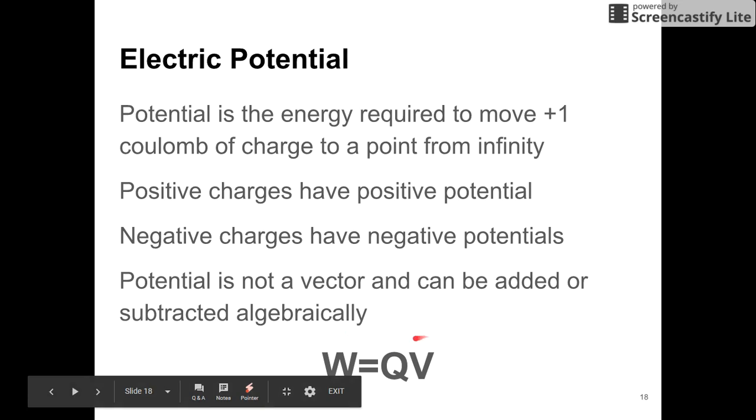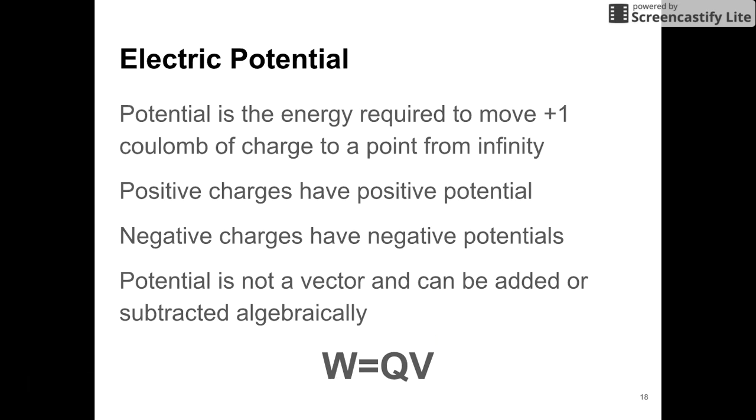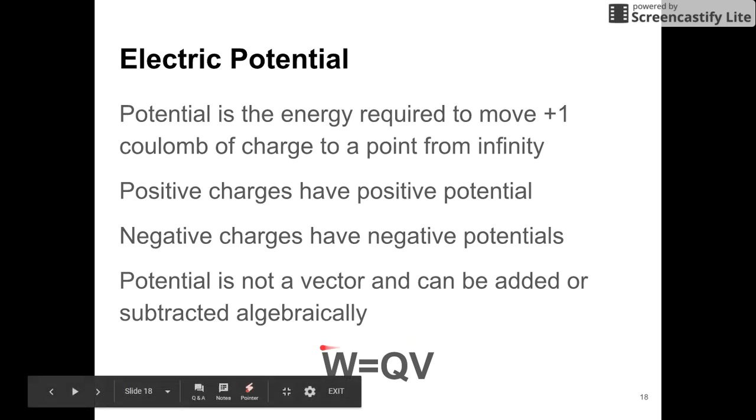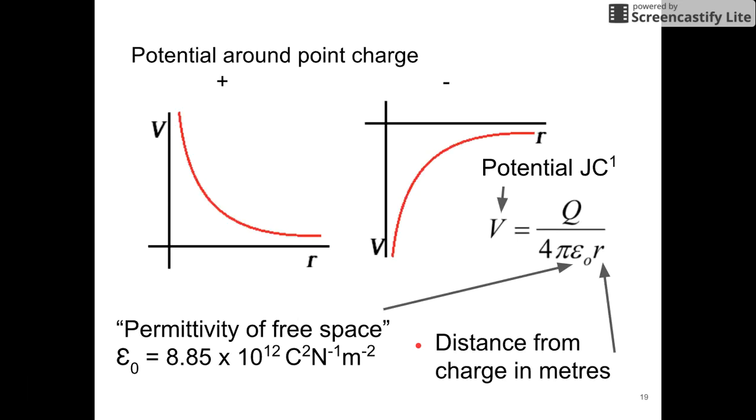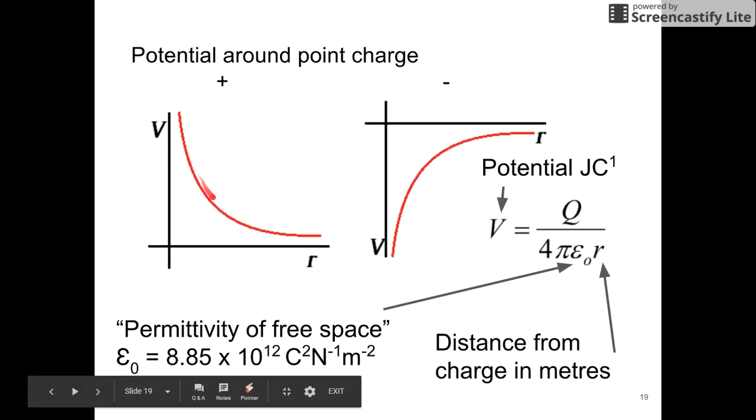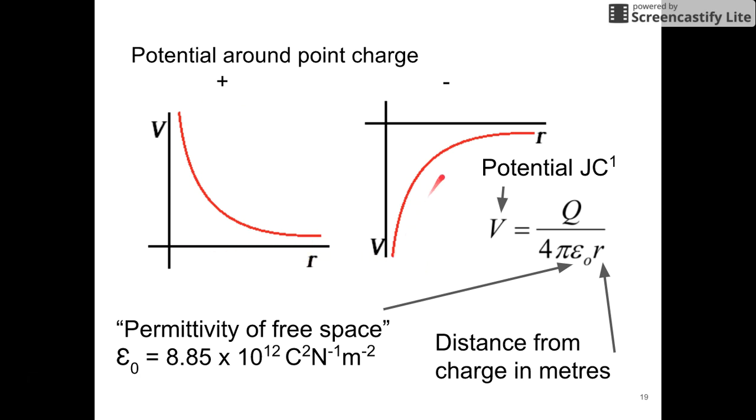This is where we've got the whole idea in National 5 that potential difference and voltage in a circuit is tied up with the energy that each charge has. So the total energy depends on the charge and the potential, but here the potential is a point in space. So your potential varies as you go further away, r, and if it's a negative charge here, then it's a negative voltage reducing to 0.